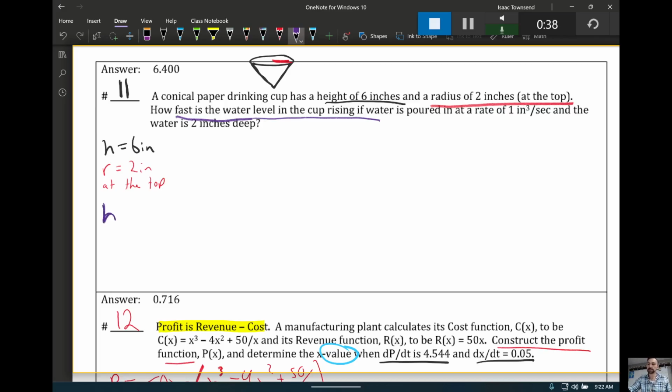So to me that sounds like the rate of change of the height if we're pouring in water at 1 cubic inch per second. So that would be the change in volume. I know it's volume because it's cubic inches. That's a little bit of a hint. And the water is 2 inches deep.